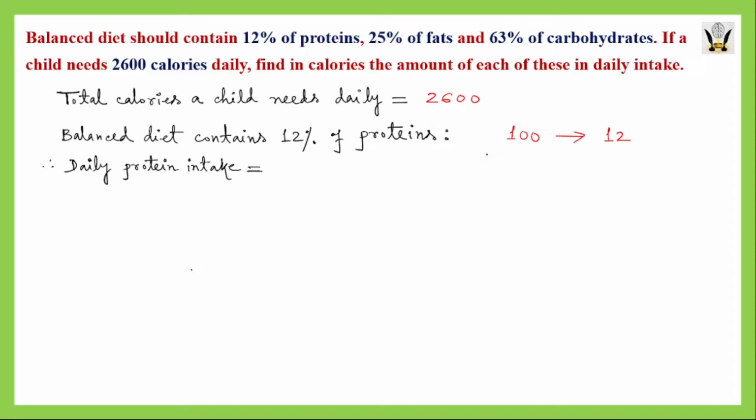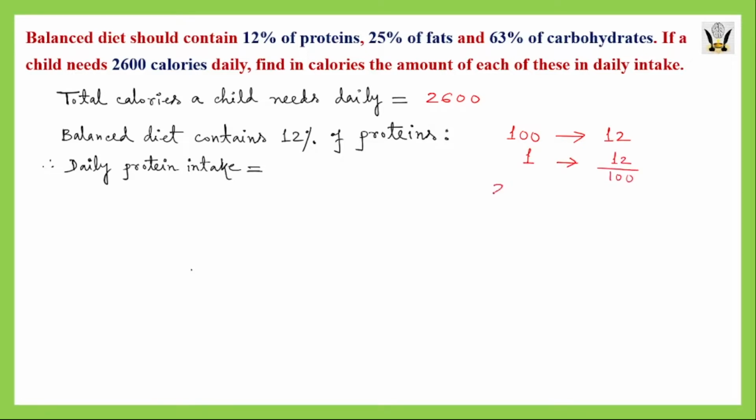So what we have seen in the problem statement is that a child needs 2600 calories daily. If we want to know how much of the 2600 will be protein, we proceed this way: out of 100, 12 is protein. So out of 1, it will be definitely less than 1, so it will be 12 divided by 100.